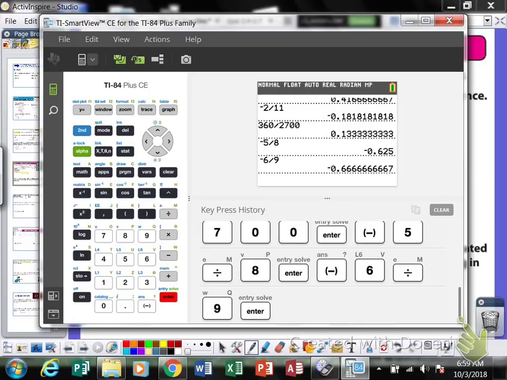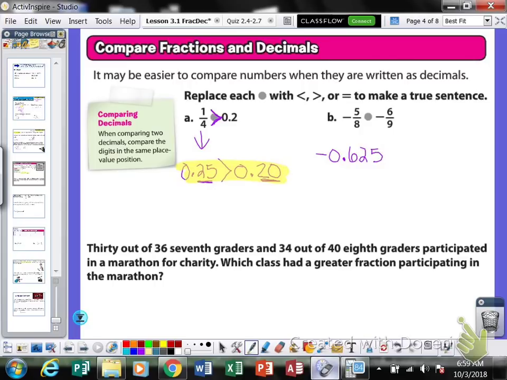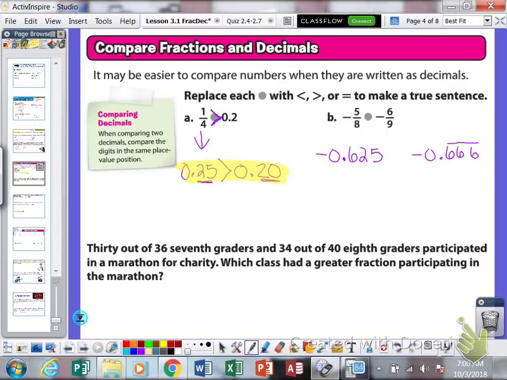And I get 0.6666 repeating, negative 0.666 repeating. So negative 0.66. I'm keeping them to the same place value. These are repeating, and obviously 666 or 625 is going to be greater than, because we're negatives. So that's the greater than.